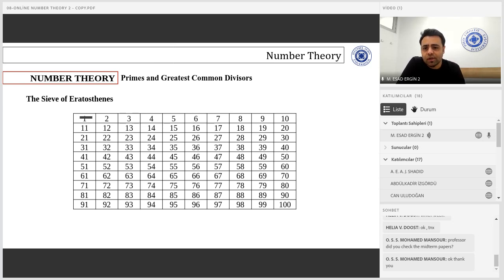So he finds the next one, which is 2, and he eliminates all numbers that can be divided by 2.